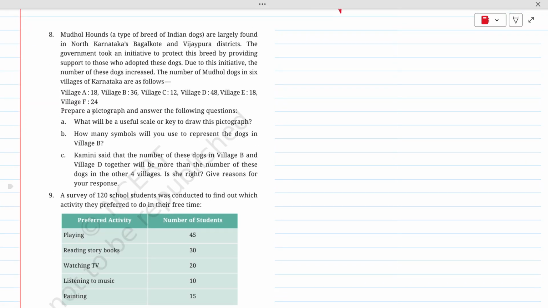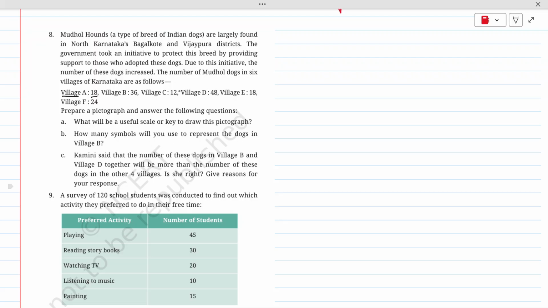This is the name of the village and this is the count of dogs in the village. Now we have to prepare a pictograph and answer the following questions. What would be the useful scale or key to draw this pictograph? How many symbols will be used to represent the dogs in village B?